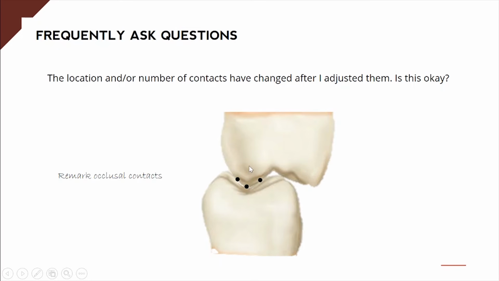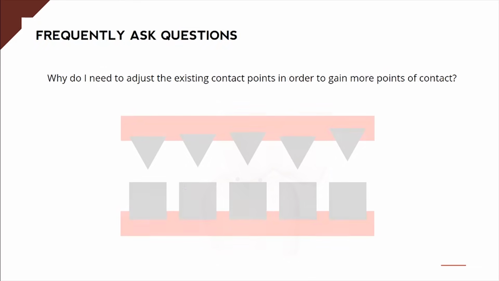So it's perfectly normal to see contacting points move, disappear, reappear. Okay. Again, the goal is to gain the number of contacts to form a stable occlusion. So go back to your criteria and count to see if you have fulfilled the guidelines that we're looking for to complete your equilibration procedure. Okay, so the number and location of contacts have changed after occlusal adjustment, and this is normal.